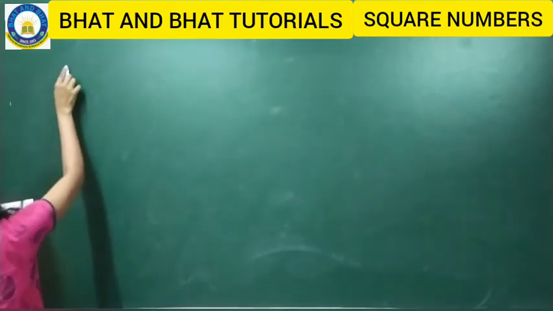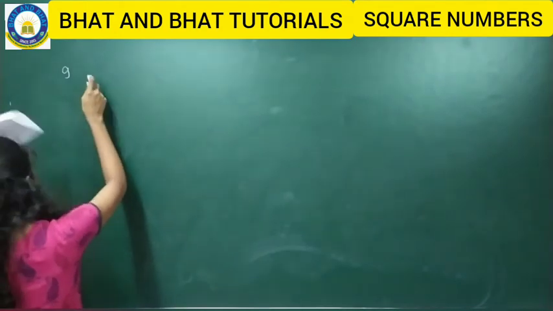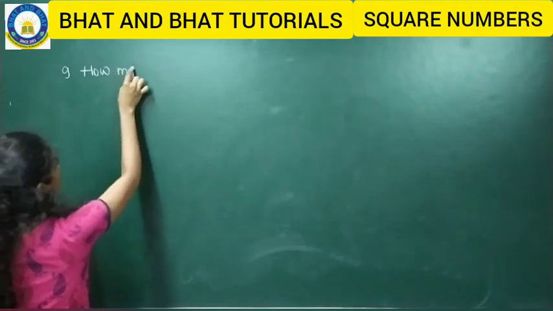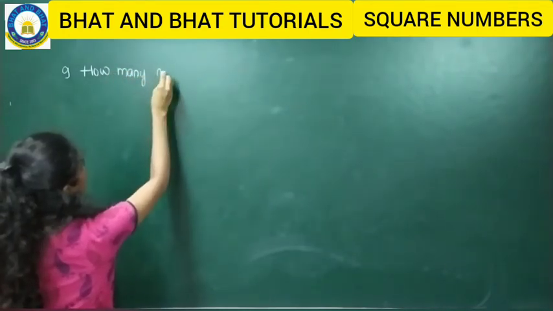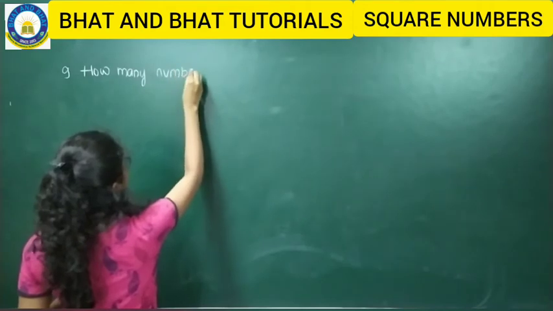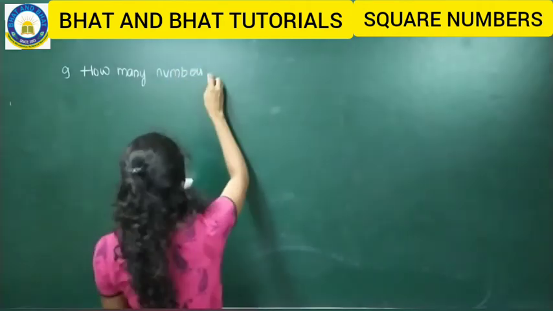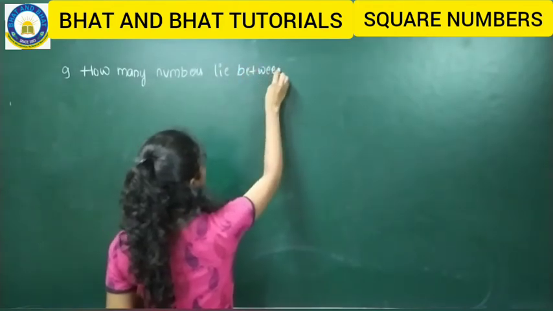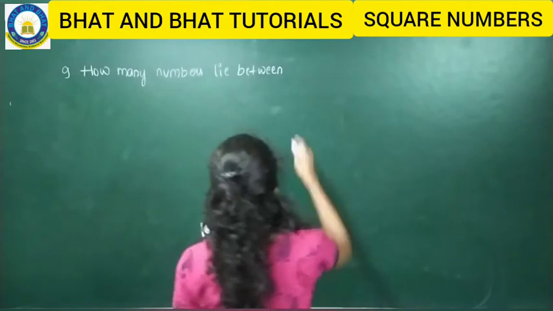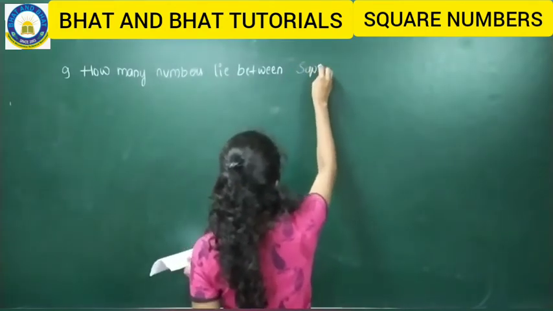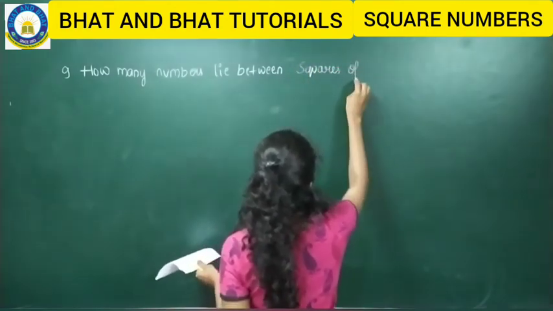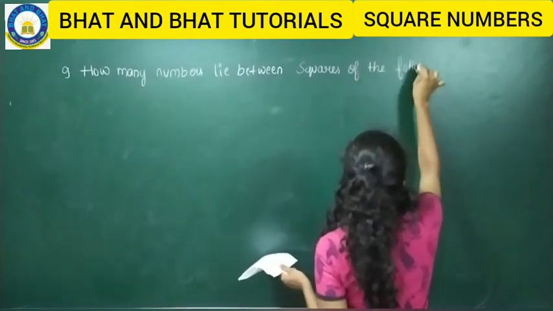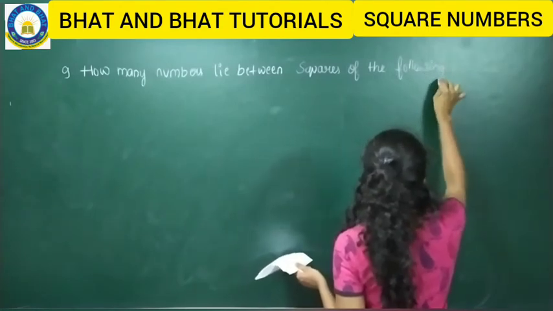How many numbers lie between squares of the following numbers?